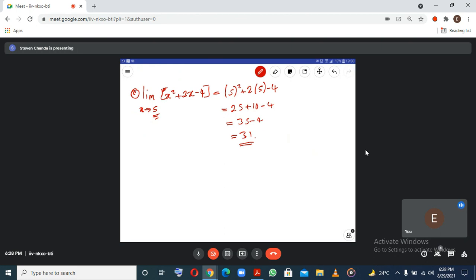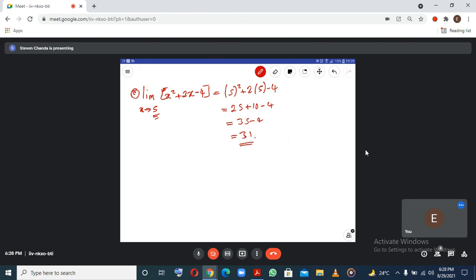So all that is important is to look at it and say, okay, what am I trying to say when I'm talking about limits? I'm simply trying to find what value this particular function is going to have when x approaches this particular value. And for this function itself, you can simply plug in 5 there, and you get the value this function is going to have. So that's something important to take note of.